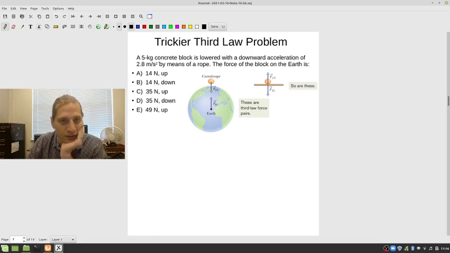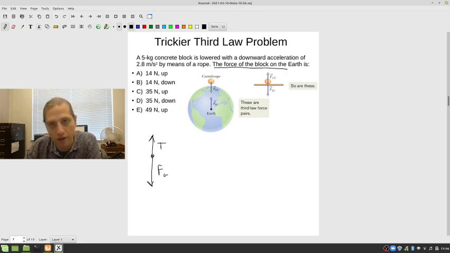A 5 kilogram concrete block is lowered with a downward acceleration of 2.8 meters per second by means of a rope. Okay, meters per second squared. So if it's accelerating downwards, that means that the force of gravity is bigger than the tension force pulling up. Let's then read the question. The force of the block on the earth is.